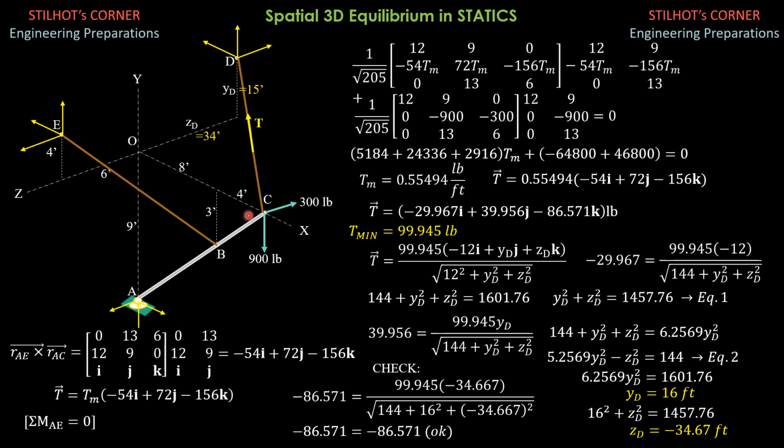So that's also correct because it is in the upward direction. Then the perpendicular to this plane should be in that upward direction. Then for k, 0 minus 12 times 13, that's negative 156k. That's also correct because the perpendicular to the plane AEC should be in the negative z direction, just like this T here.